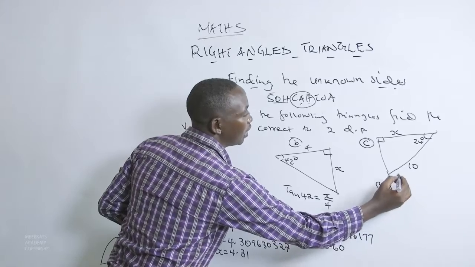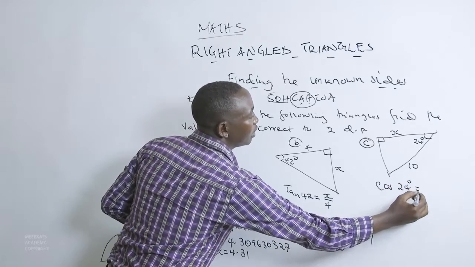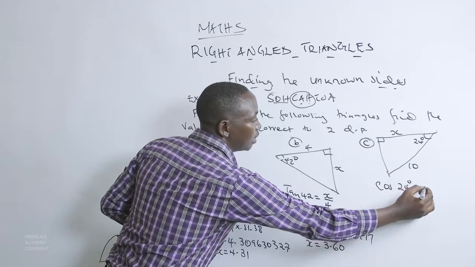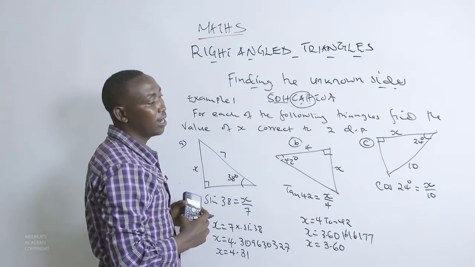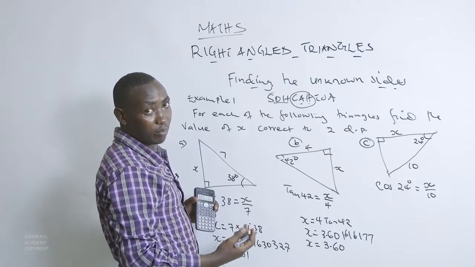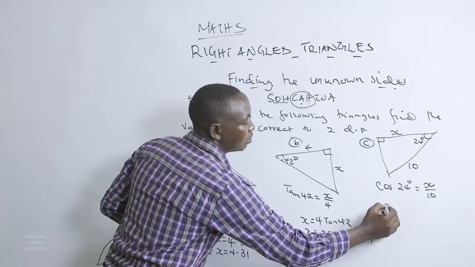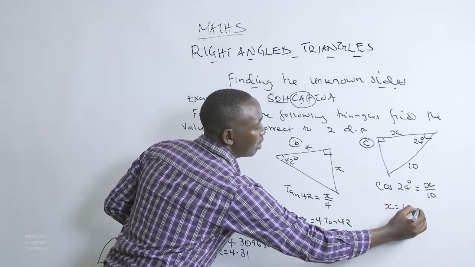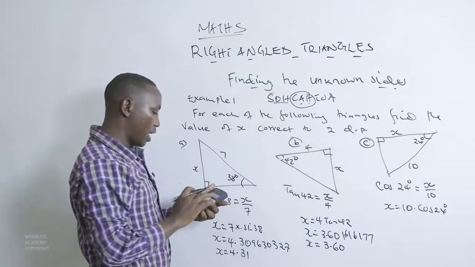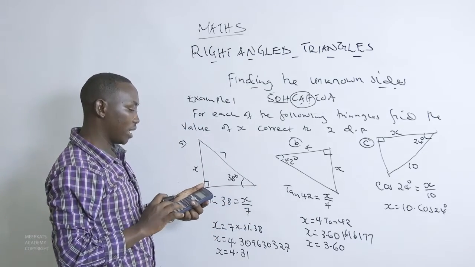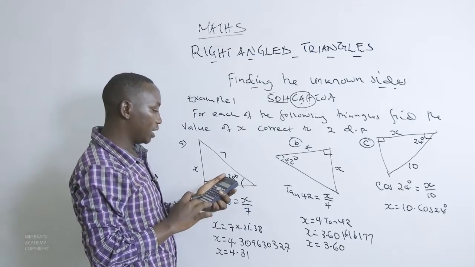Therefore cosine of theta, which is 24 degrees, is equal to adjacent, which is x, all over the hypotenuse, which is 10. For us to get x, we multiply both sides by 10. That means that our x shall be equal to 10 multiplied by the cosine of 24 degrees. So we get the cos of 24 degrees from the calculator and multiply it by 10.